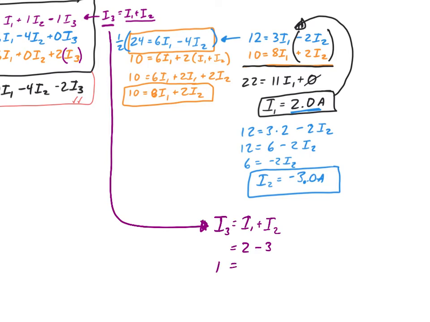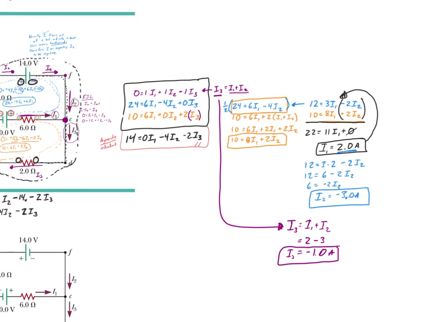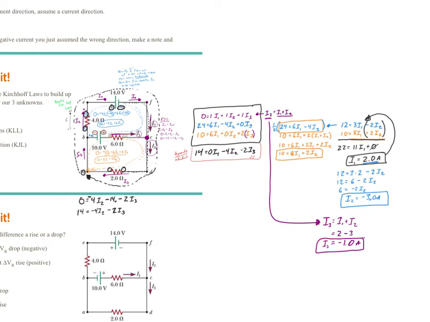And I get that I3 is equal to negative 1.0 amps. This one's negative too. That means that there were multiple things wrong with it, not just the ones that were evident in the first place. There was a second issue with the way that the arrows were drawn in the first place.